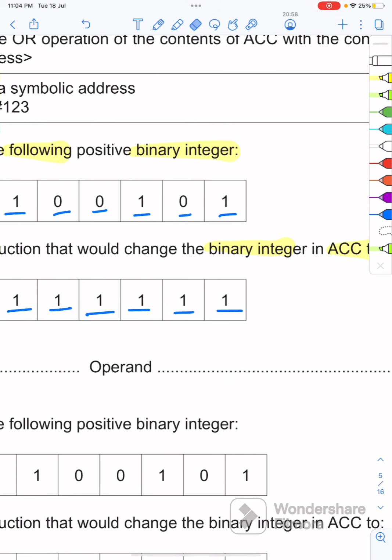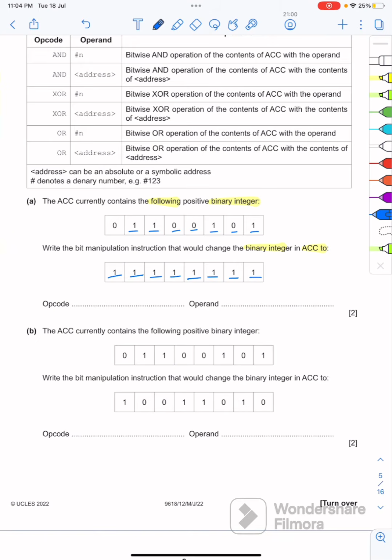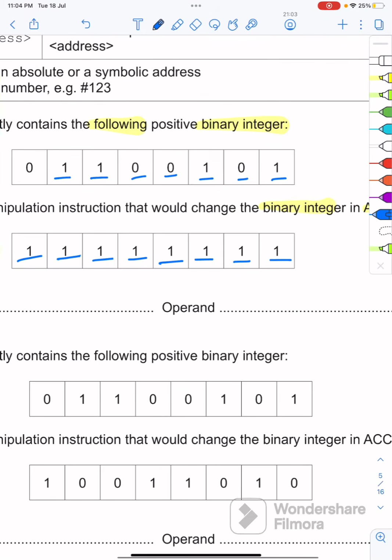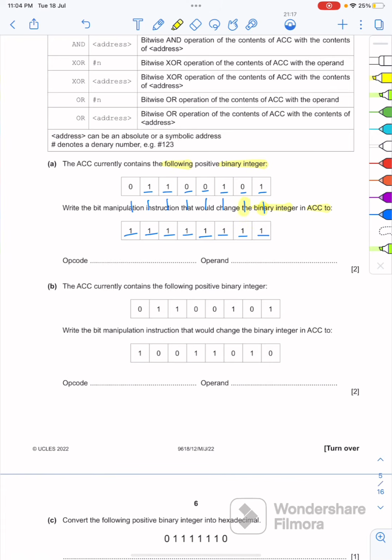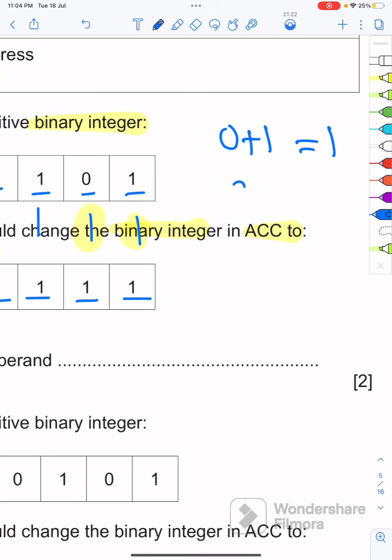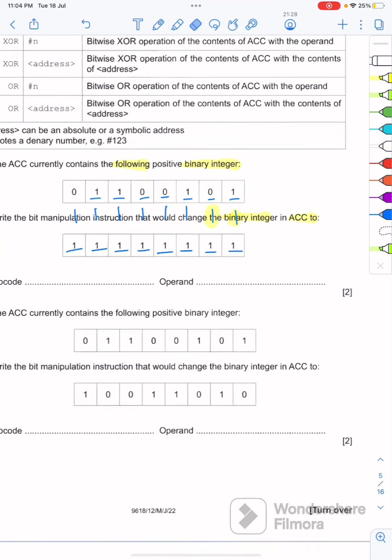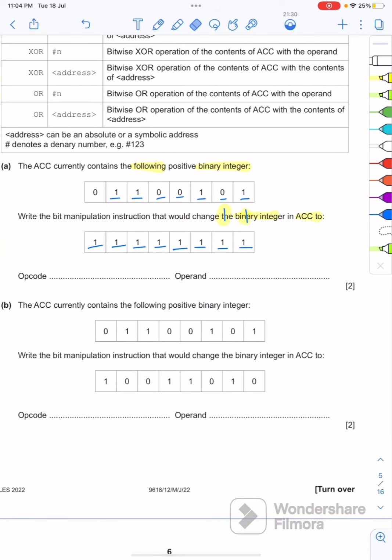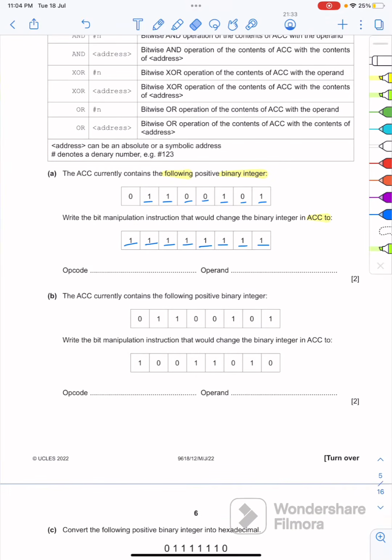What we can use, however, is OR, because if I add all ones here, for example, just to illustrate, as long as I have one of these with 1, the addition is going to take place. We know 0 plus 1 is 1, right? And OR only requires you to have one of them with 1. It's a bit difficult to explain over words, but if you're familiar with Boolean algebra and Boolean language, then you'll perhaps get it.